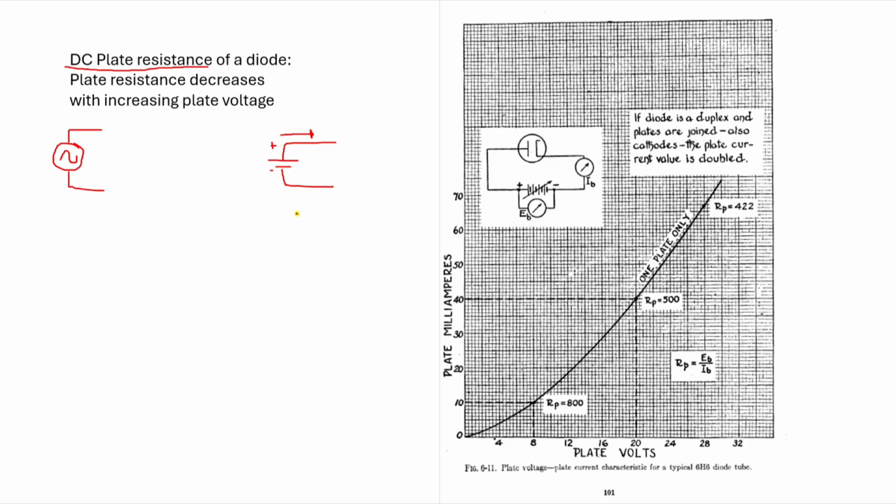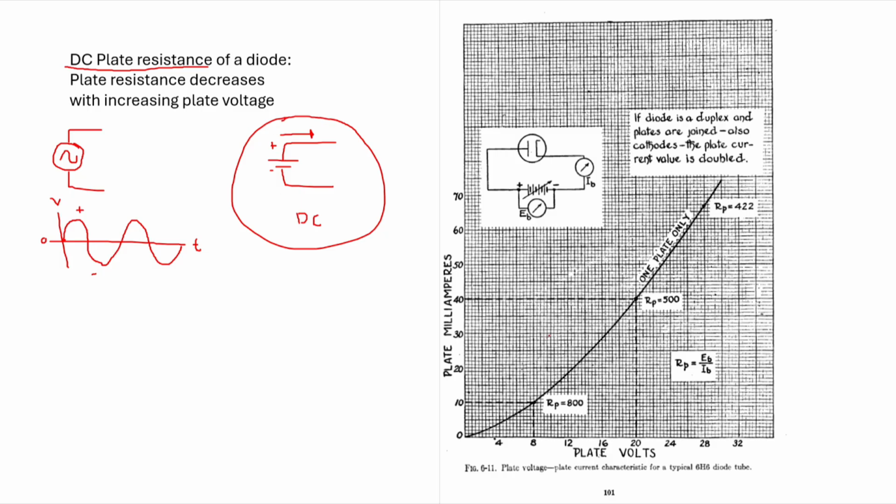In an alternating flow, we have to look at time versus voltage. At time 0, let's say the voltage is at 0, then it rises to some positive value, back to 0, then to some negative value, and the cycle repeats. It's called a sine wave. All right, we are looking at DC right now.